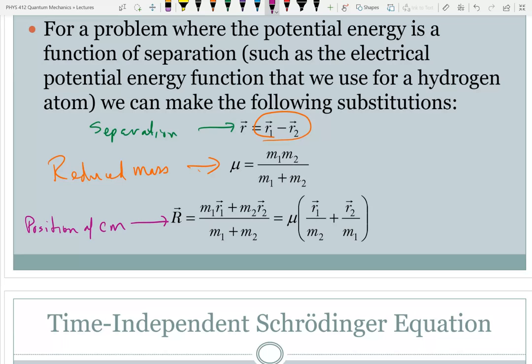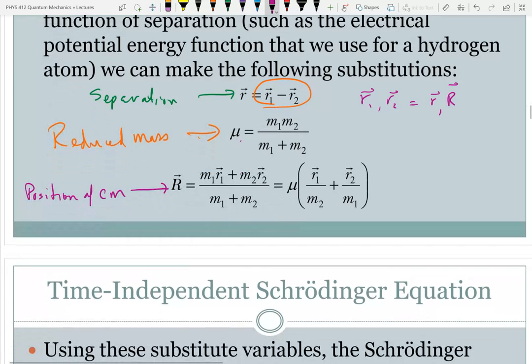We're introducing 2 new variables, well 3, but one's a constant, the new constant mu. 2 new variables, lowercase r for the separation and capital R for the position of the center of mass. So R1 and R2 are going to be replaced with lowercase r and capital R. Same number of variables, but it's going to make our math easier.